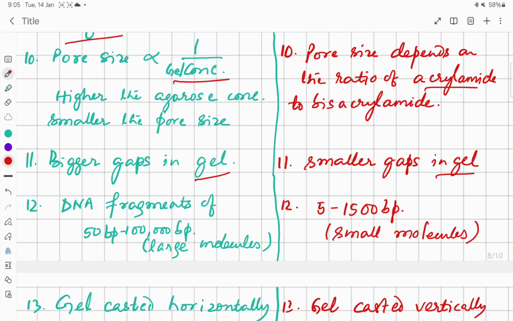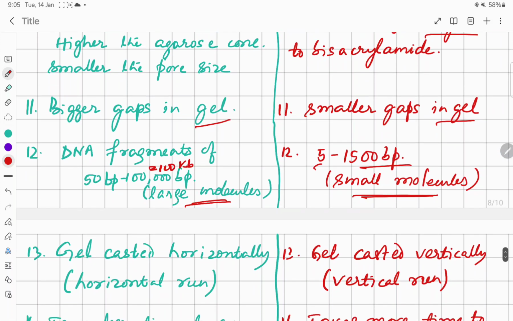DNA fragments of large size, varying from 50 base pairs up to 100,000 base pairs or 100 kb, can be separated by agarose gel, whereas a maximum of a few hundreds, 5 to 1500 base pairs, small molecules can be separated by PAGE.